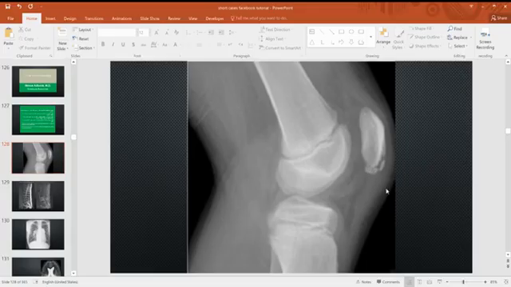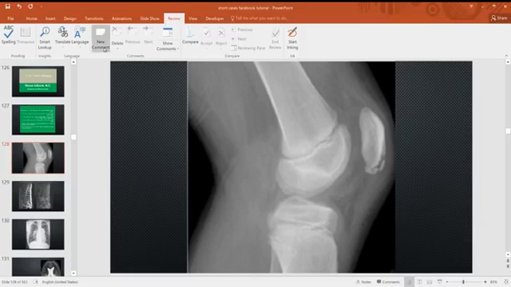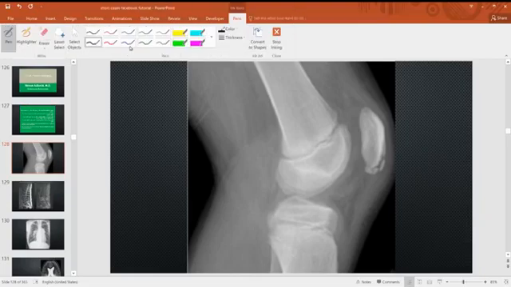You see here some soft tissue swelling of the proximal patellar tendon compared to the distal part. So this is the fragmentation due to osteonecrosis of the inferior part of the patella with soft tissue swelling of the proximal patellar tendon.